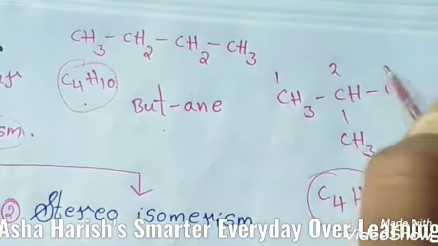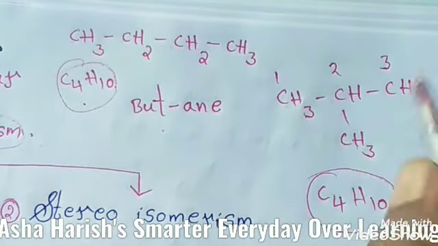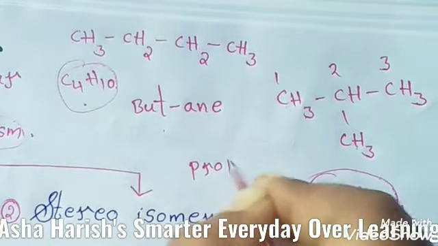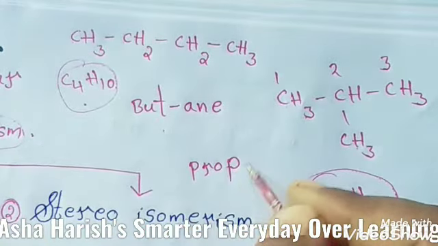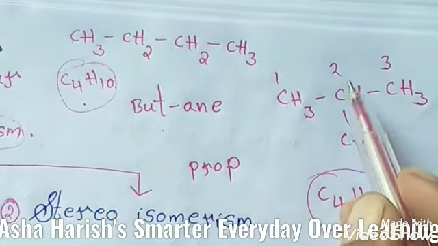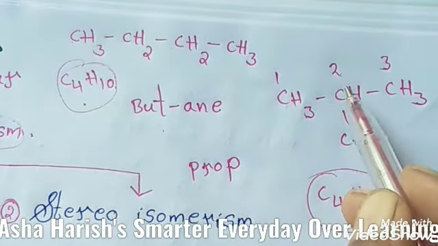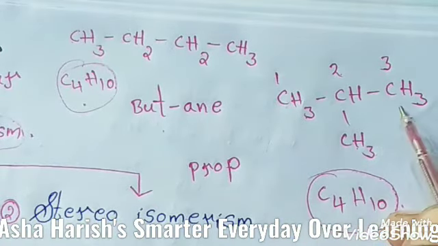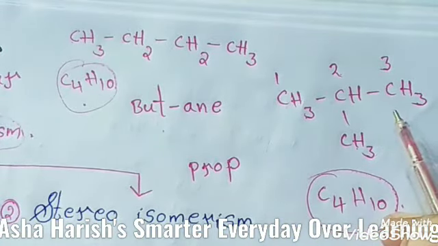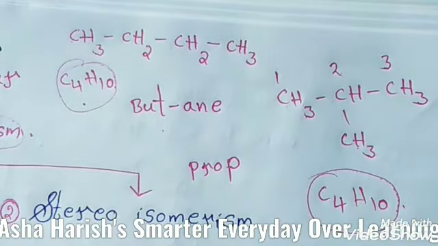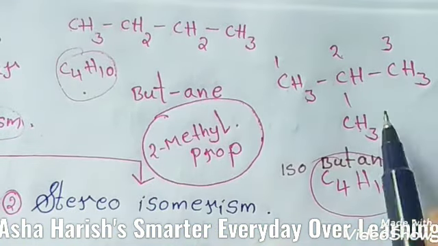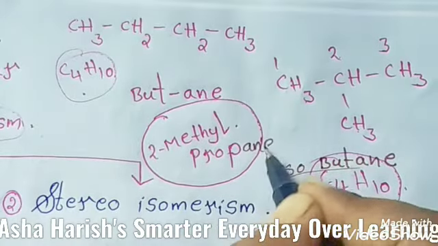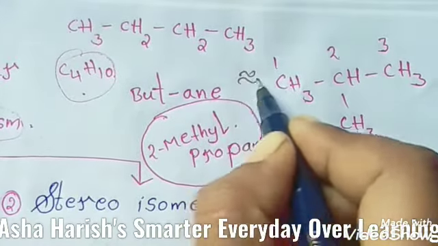If you count the carbon atoms, 1, 2, 3, so 3 is the root word, and the name is propane. At the second carbon a methyl group is located, so 2-methylpropane is the name of this compound, and it is also called isobutane. 2-methylpropane and isobutane are the same.